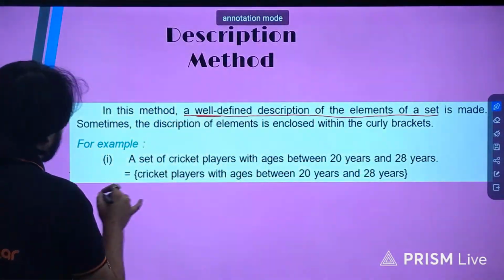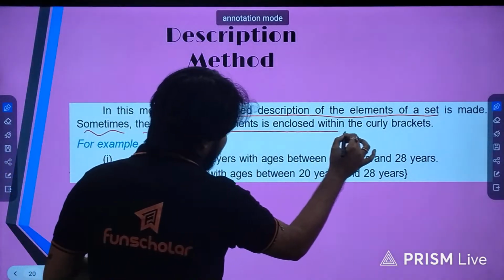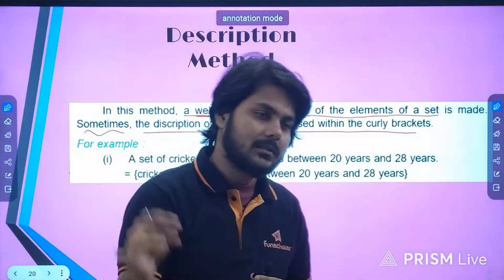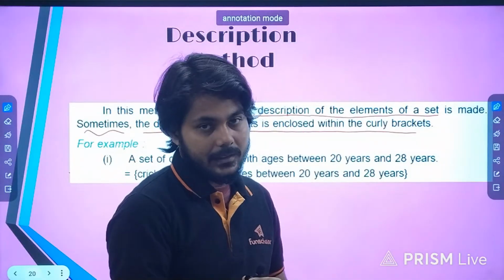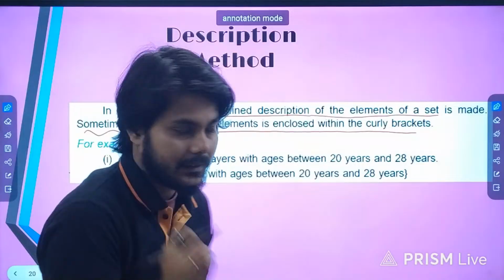Sometimes the description of elements is enclosed within curly brackets. Not necessarily, you can give curly brackets or you cannot, but sometimes we can represent the description method of a set by using curly brackets.